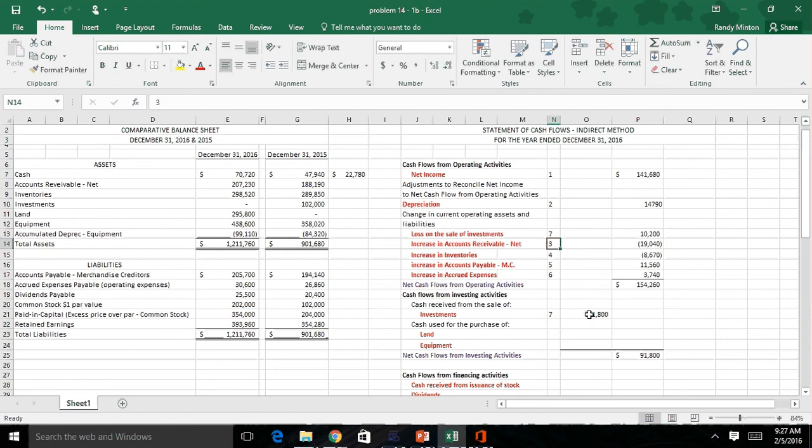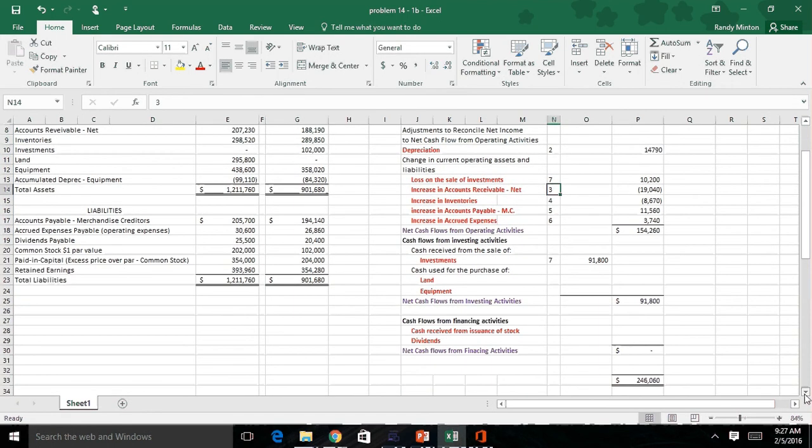And the difference between the $102,000 and the $91,800 is $10,200. And that then completes the first section up here of the cash flow statement, in that we have all of the cash flows, the net cash flows, if you will, from operating activities.